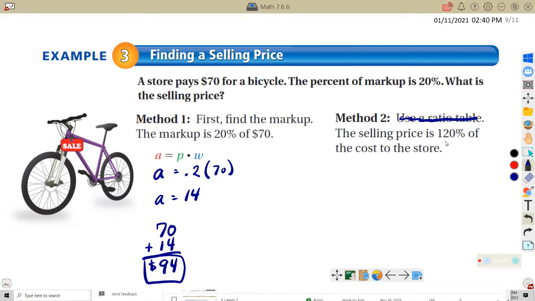The selling price is going to be 120%, 100% plus 20%. So 1.2, that's 120% times 70. And that gets us our $94.